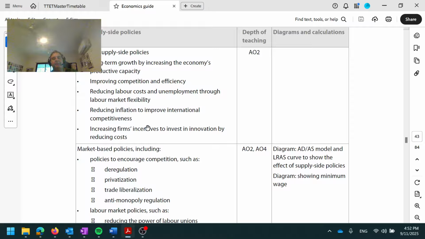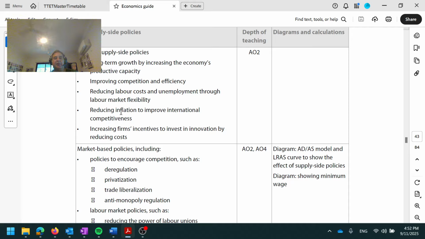How do we do that? Improve competition and efficiency, so expose businesses to greater competition. Reduce labour costs by making the labour market more flexible, maybe removing minimum wage laws or lowering minimum wages.